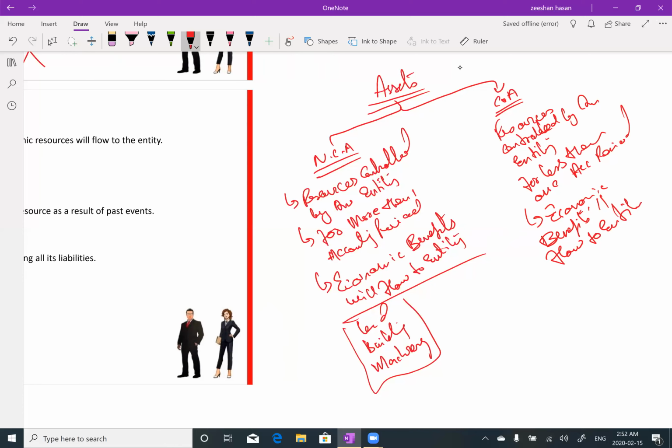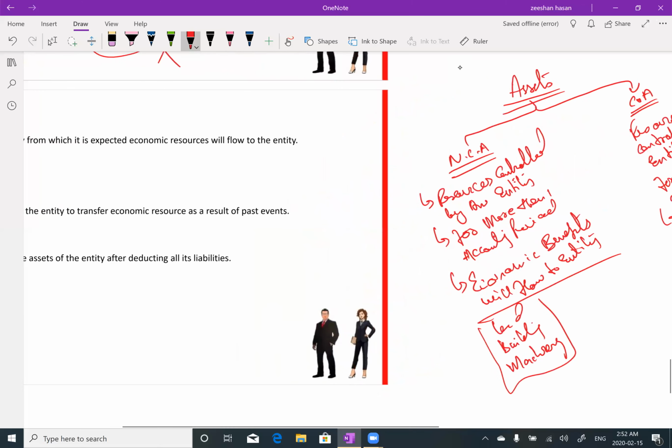For example, the cash, the receivables, the inventory, vice versa, right? So far so good. I hope you got it till here.